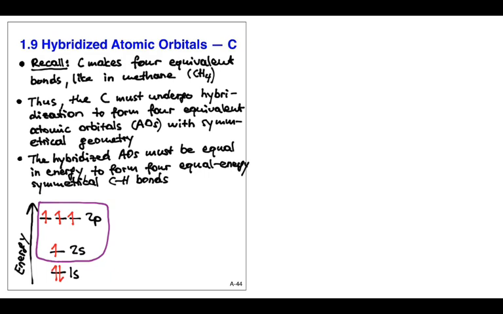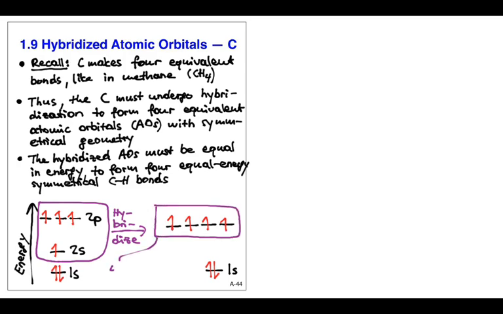Now we're going to take all the valence orbitals, so the 2s and the 3 2p orbitals, and mix them together. This is called the hybridization process. First of all, what we get is the 1s orbital, which is untouched. And then we get 4 equal energy orbitals, and those are the 4 degenerate sp3 hybridized orbitals.